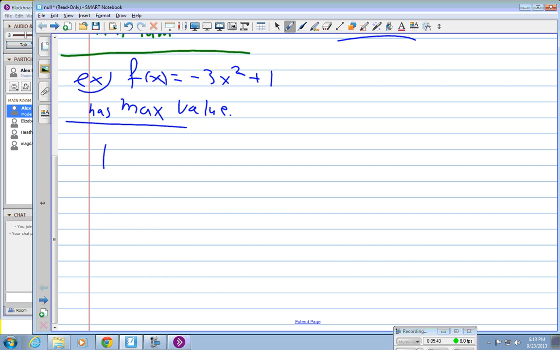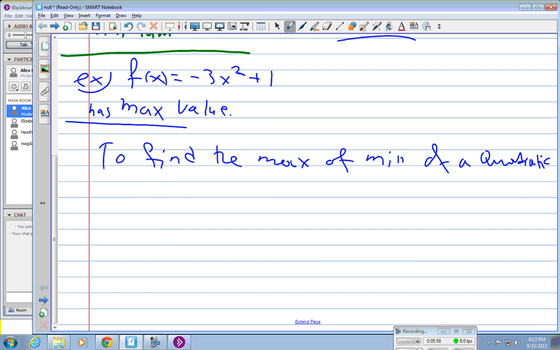So here's the big message. To find the max or min of a quadratic function, we just have to find the vertex of that function.